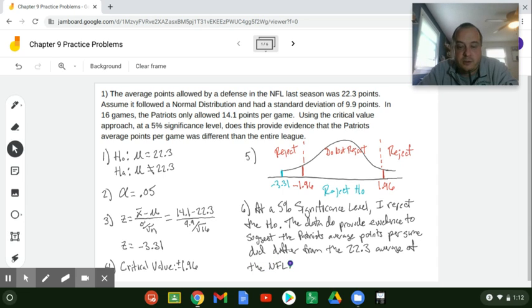So we're saying there is enough evidence to suggest that it was in fact different.